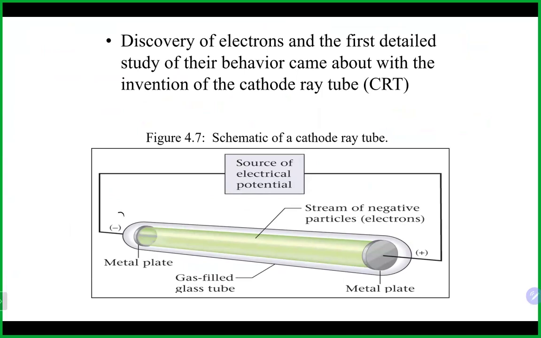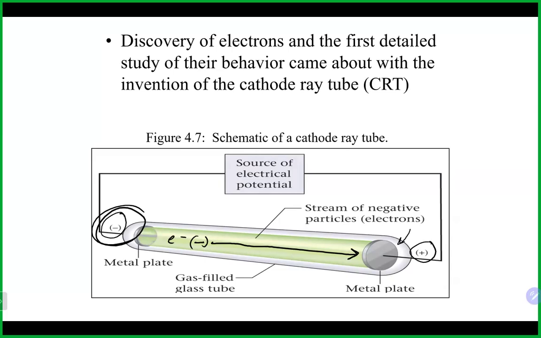It has a negative side and a positive side, and inside are negatively charged particles like electrons. Because these are negatively charged, we would expect them to head towards the positive side of our tube, and away from the negative side. Often they will put some type of coating on the end, so you could actually see where the beam is hitting.